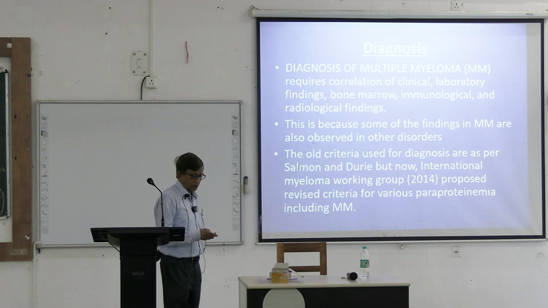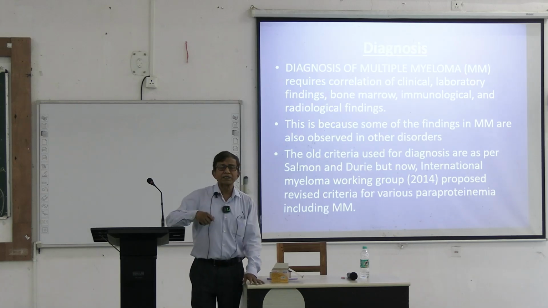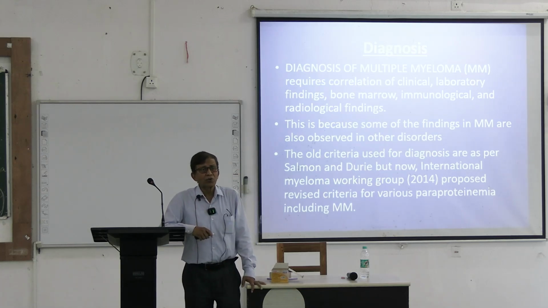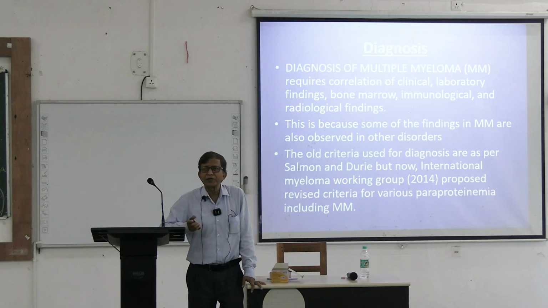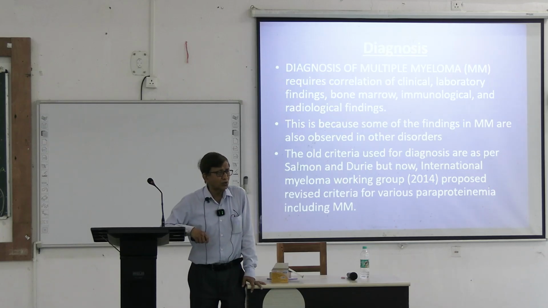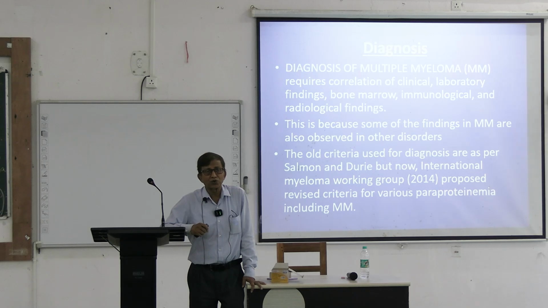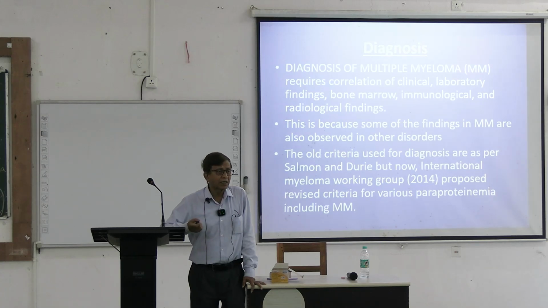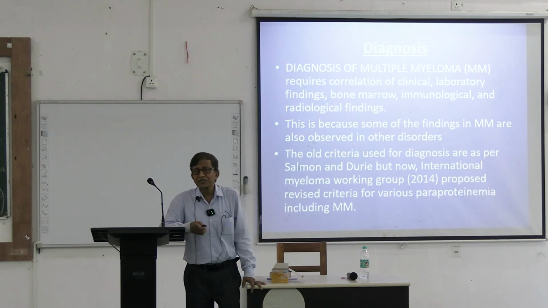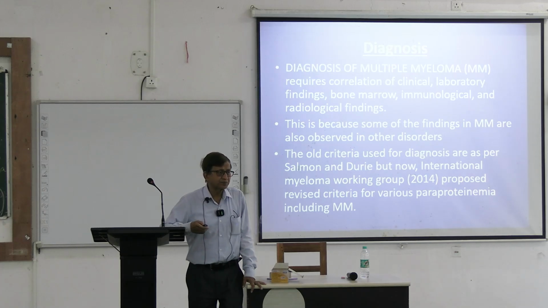Suppose I consider one case scenario where a patient is suffering from a very chronic disease, say chronic tuberculosis, or chronic kala-azar, or chronic undiagnosed anemia. We have done a bone marrow and it shows high plasma cells. How can you differentiate it from plasma cell myeloma?